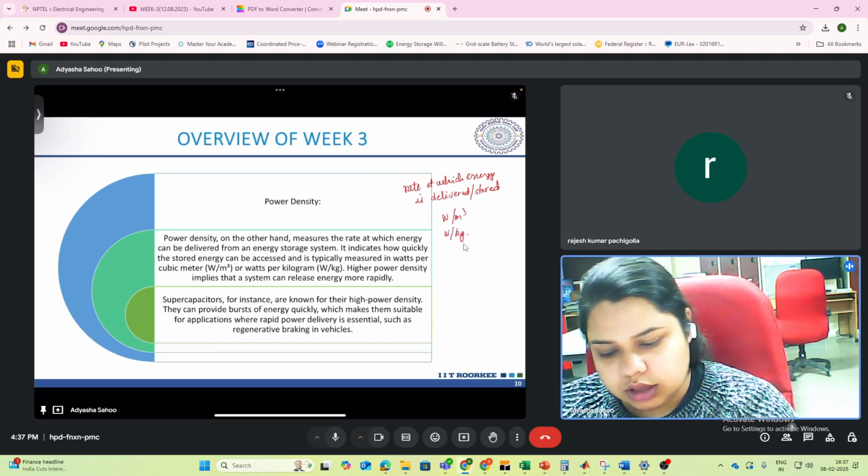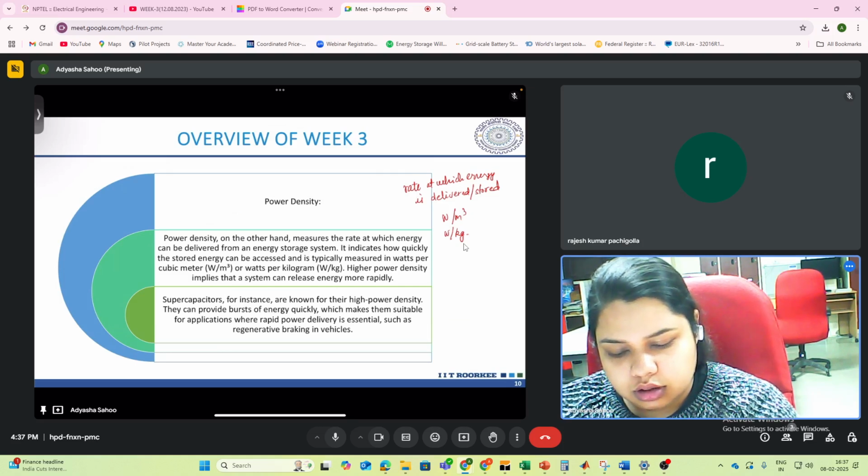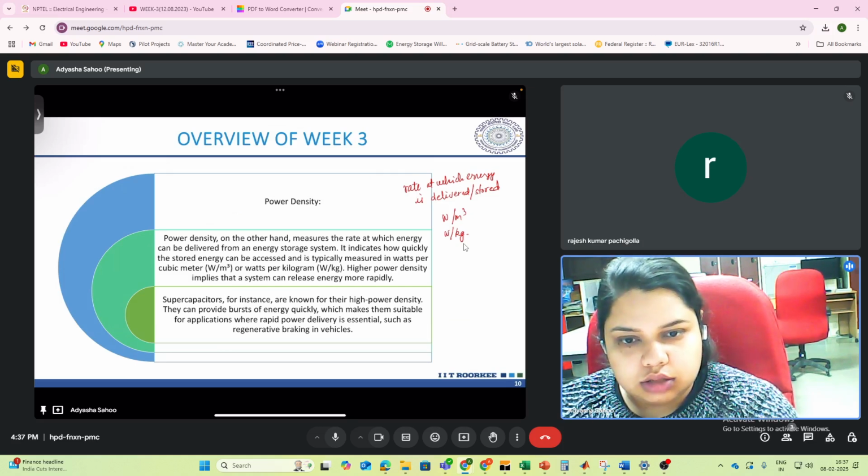So this implies that for a given time frame, which technology can charge at a faster rate and which can discharge at a faster or slower rate.